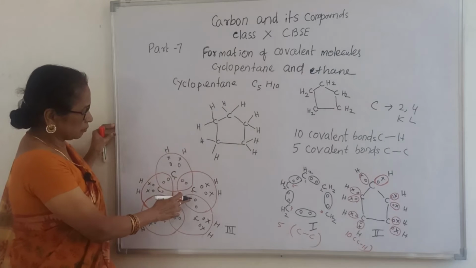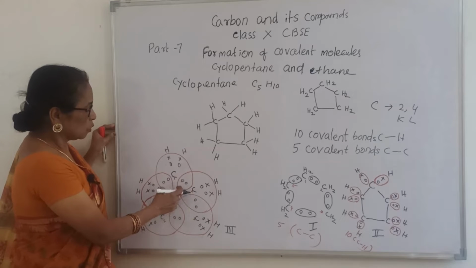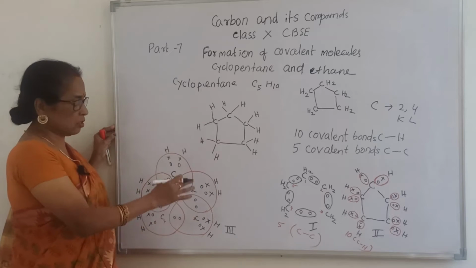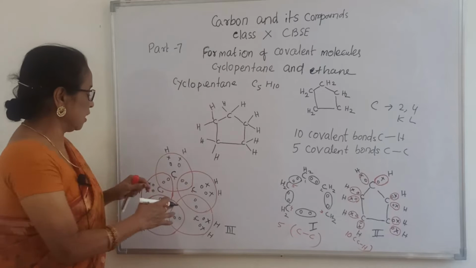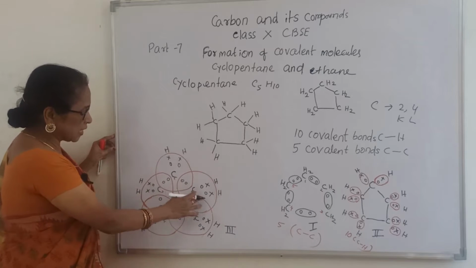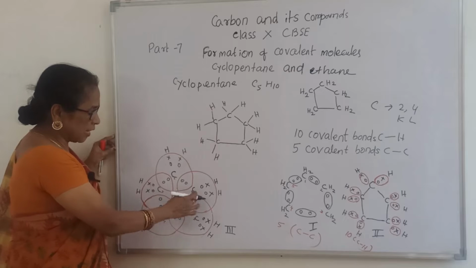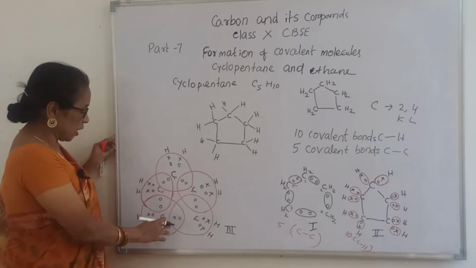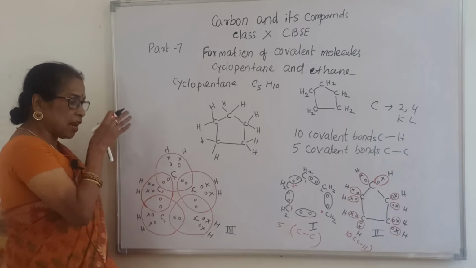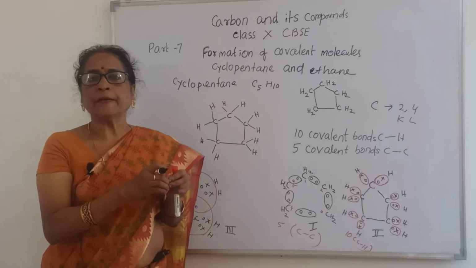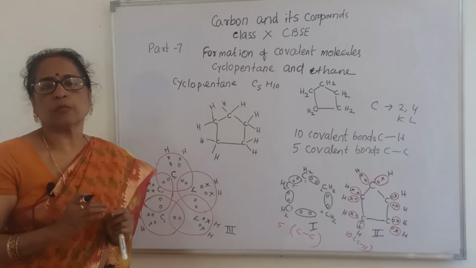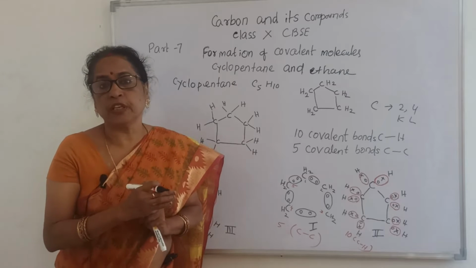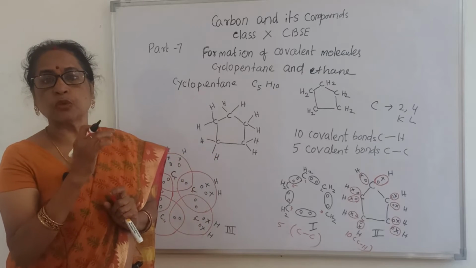See here, carbon 2, 4, and 4 more makes 8. In the red circle you can find 8 electrons, so the carbon's outermost shell is satisfied with 8 electrons. Similarly, in the second circle, here also 8 electrons, here also 8, here also 8. That means each carbon is satisfied with 8 electrons in the outermost shell, by the nearest inert gas configuration of neon, which is 2, 8.